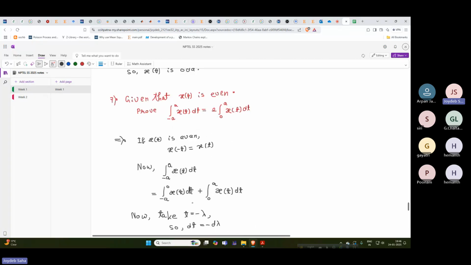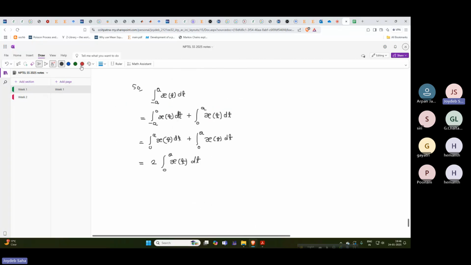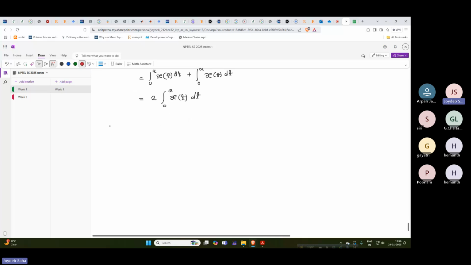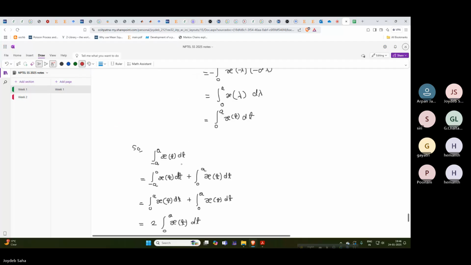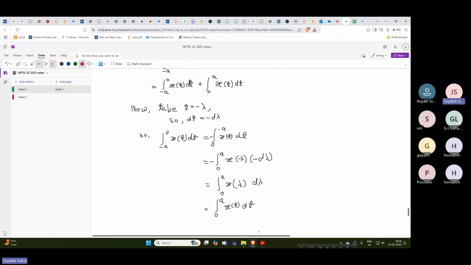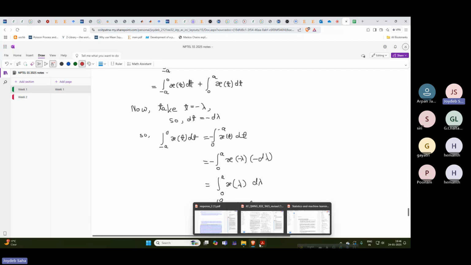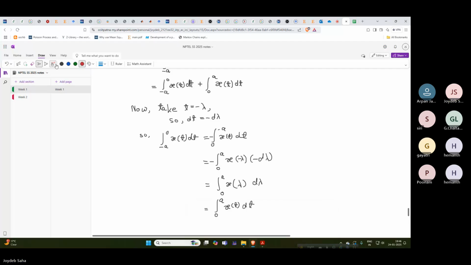So is it clear? Now question number 8. Okay, before going to question number 8, please look at this, prove this part and try to understand what we have done. If there is any query, please ask. If no query, then we will proceed further.